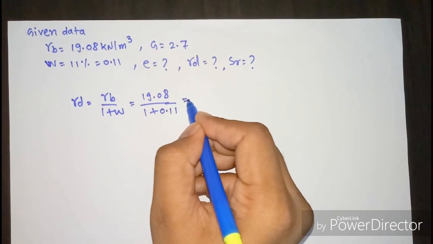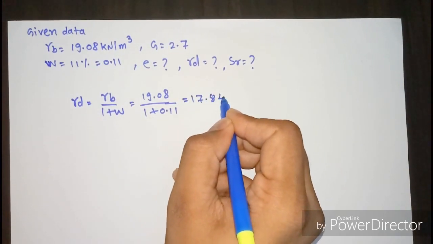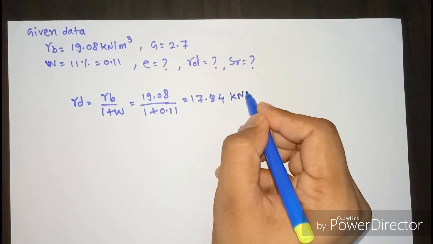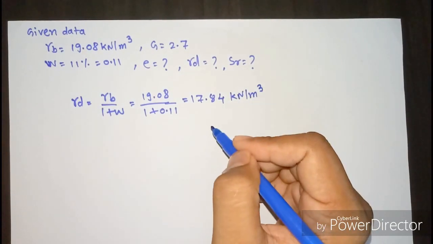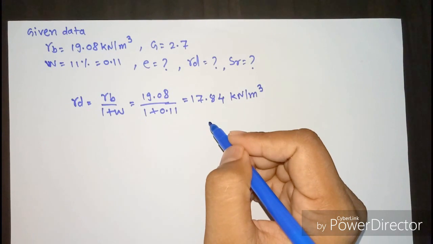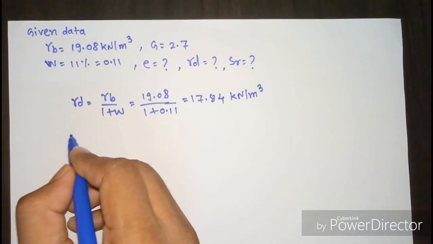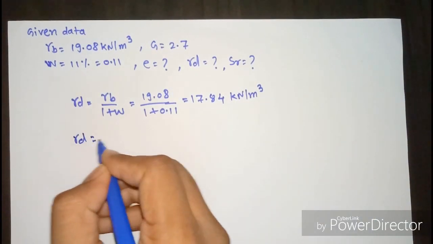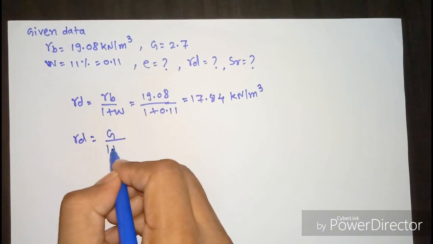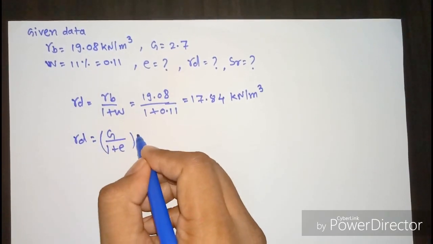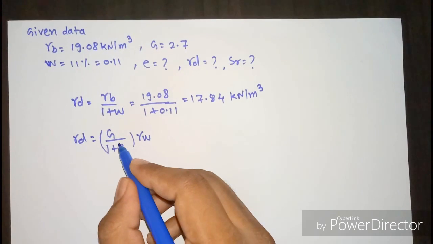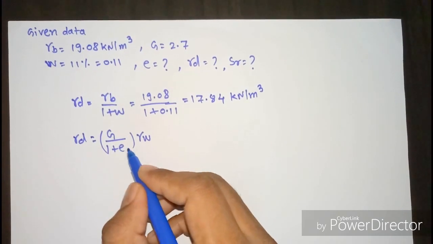So dry unit weight is 17.84 kilonewton per meter cube. Okay, now we again know that gamma D is equal to G upon 1 plus E, bracket complete, gamma W. So with this relationship we can calculate void ratio.